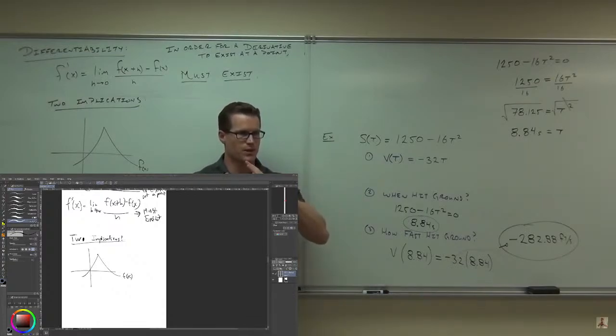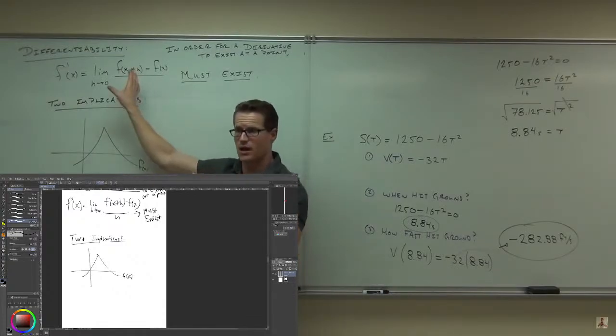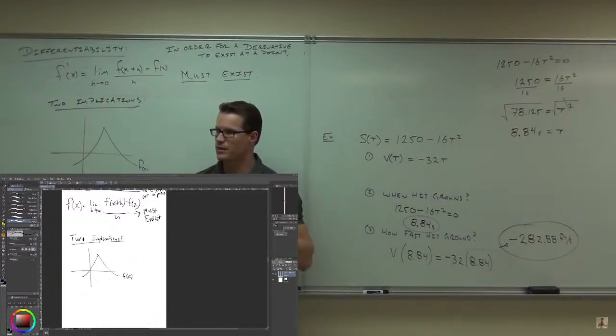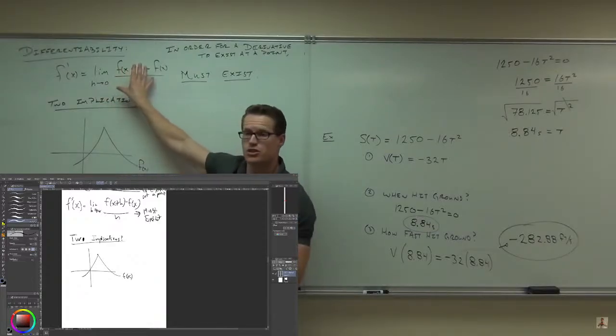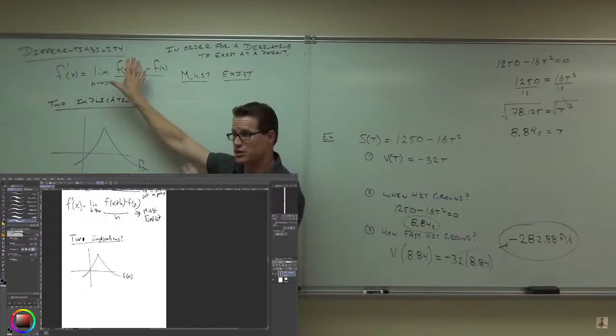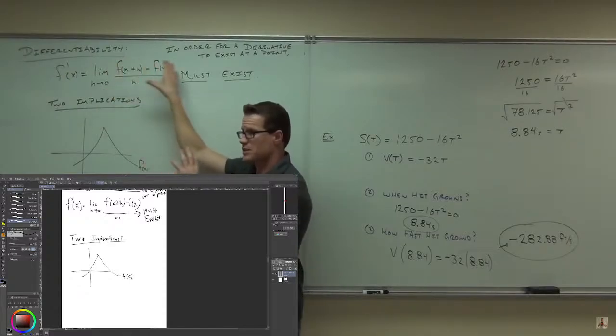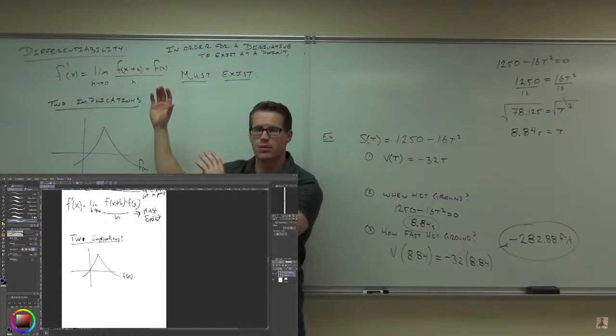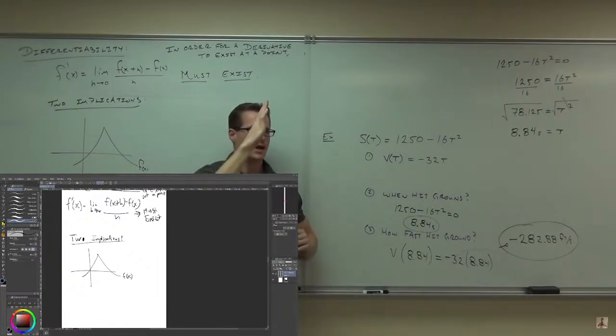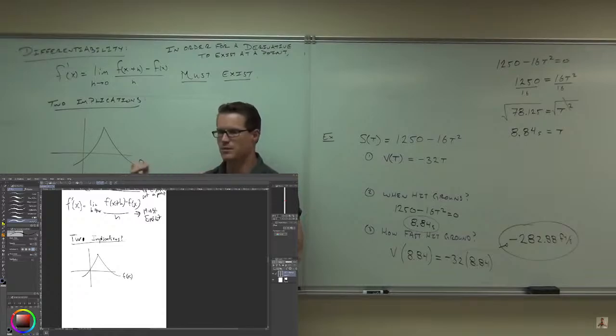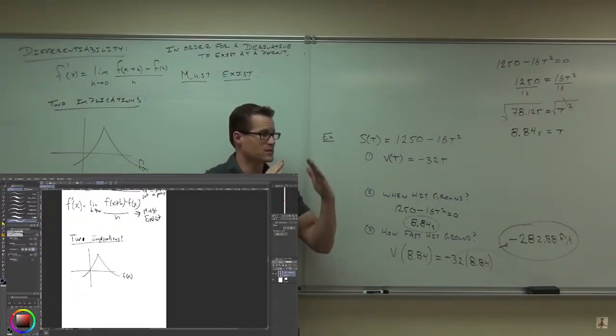You believe that as well? Yup. What that means for us in this context is the slope from the left, because this is a slope, right? Keep that in mind. It says for this limit to exist, for this slope to exist at a point, the slope from the left has to equal the slope from the right. Do you buy into that? It's a limit. The limits have to be the same, but these limits connotate a slope. It means a slope has to match up.